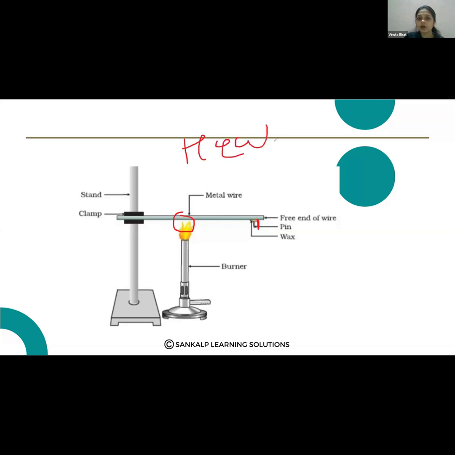And one more thing: if you use the burner to heat this metal wire, it will not melt.